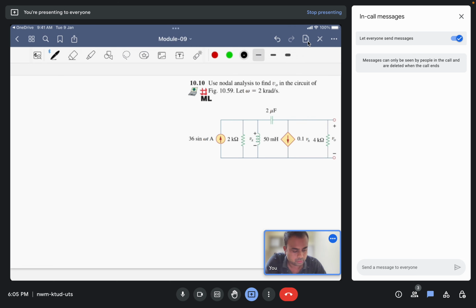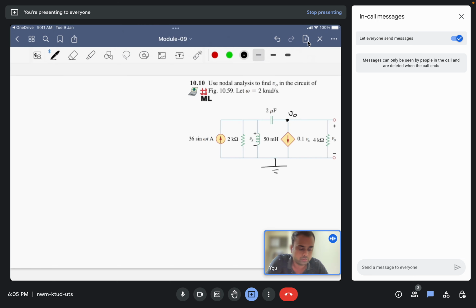Let us first of all mark the ground. Let us say that this is the ground potential, that is 0 volt, and we have to calculate V naught. This node will be the same node as this point, that is V naught. So we'll denote this as V naught.